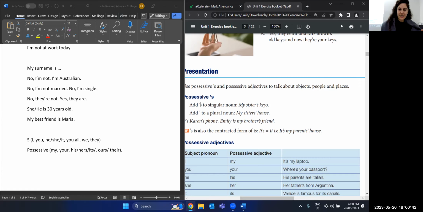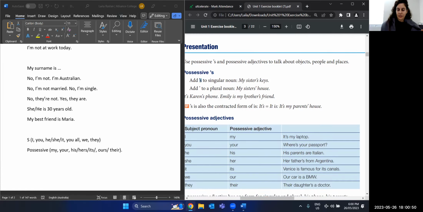So the first one is to add this one. If we have my sister's keys, my sister's house, it's something that belongs to someone. Roxana's phone case, or, you know, glass case, Bruno's water bottle. So that's something that is for you.